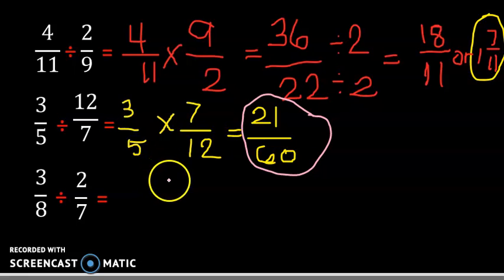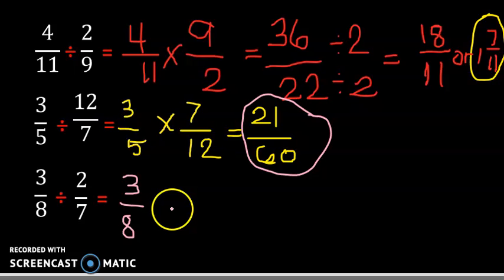Okay. Problem number 5. 3 over 8 divided by 2 over 7. So, first step, copy the first fraction. So, 3 over 8.